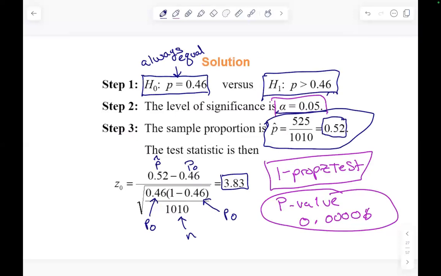And if you decide to use the 1-prop z test, I want you to show me what you put into the calculator, so you can just copy down what's on that screen. That's going to be part of your work. And then show me the test statistic that you got and your critical value, and then give me a nice conclusion.